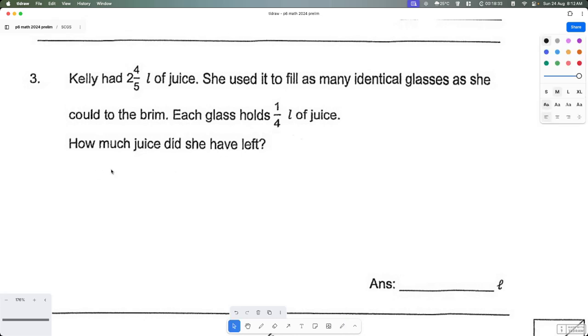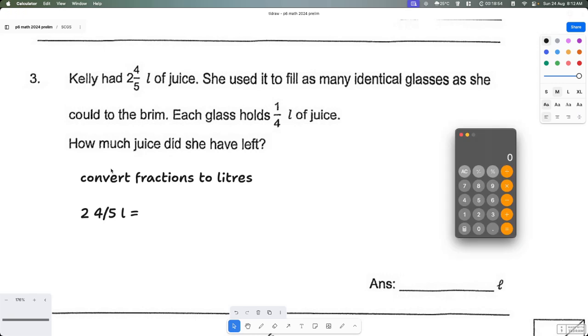The easiest way is to convert fractions to decimals in liters. 4/5 liters is 4 divided by 5, which is 0.8.